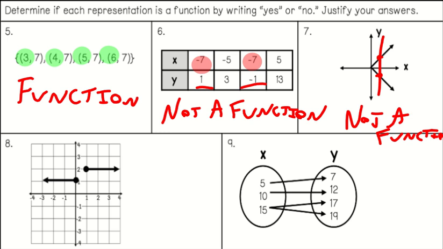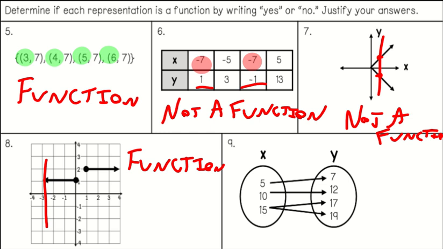Function. All right, so that one looks weird, but if I take a vertical line and I move it, it doesn't cross anywhere more than once. If those two dots were right above each other, then that would not be a function, but this one's all right. Number 9 there, Jacob.